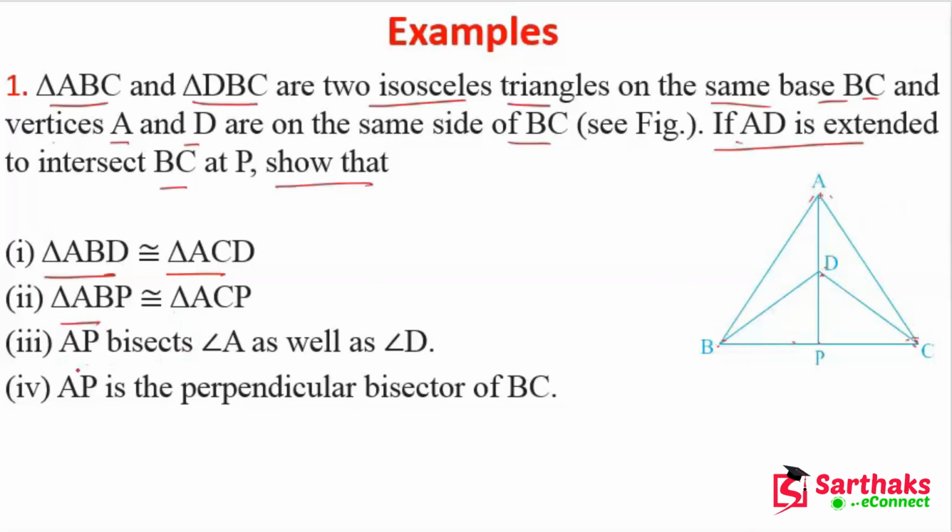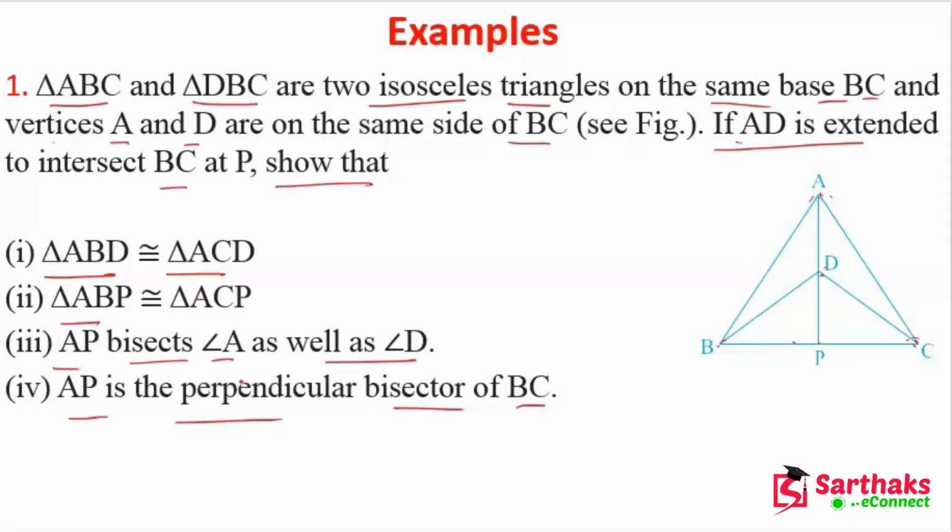And AP bisects angle A as well as angle D. We have to prove this. And AP is perpendicular bisector of BC. We also have to prove this.